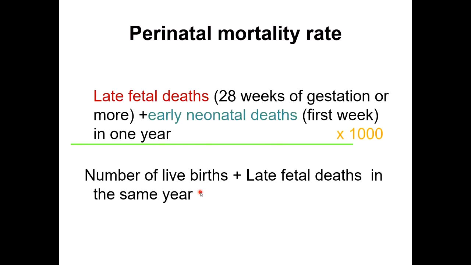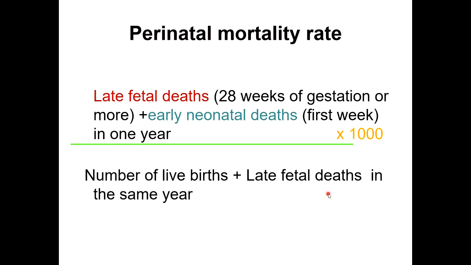So for the perinatal mortality rate, late fetal deaths from 28 weeks of gestation or more, which are the stillbirths, plus early neonatal deaths during the first week in a specific community in a specific time period, divided by the total number of live births plus late fetal deaths or stillbirths in the same year, is known as perinatal mortality rate.